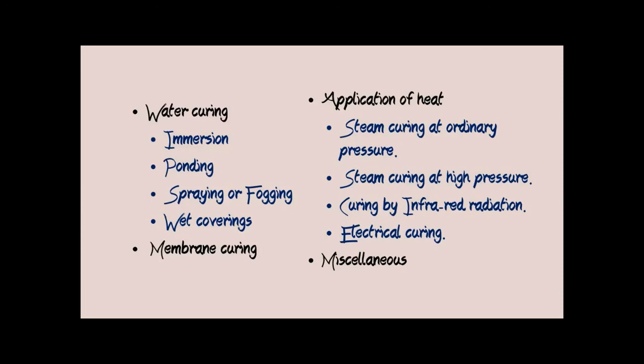If the hydration continues and all the cement particles get hydrated, then we will be able to obtain the required strength and durability. There are different methods of curing, starting from water curing, membrane curing, application of heat, and also miscellaneous. We'll study all these methods of curing of concrete.